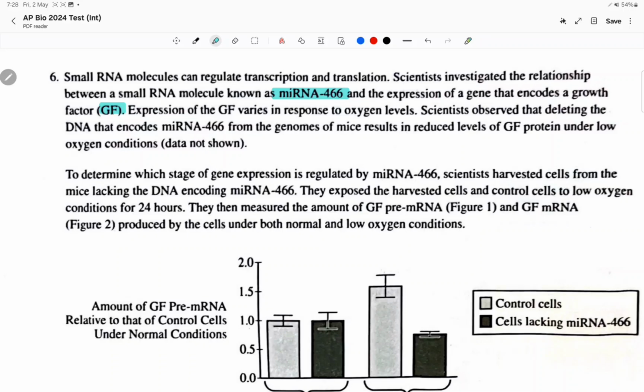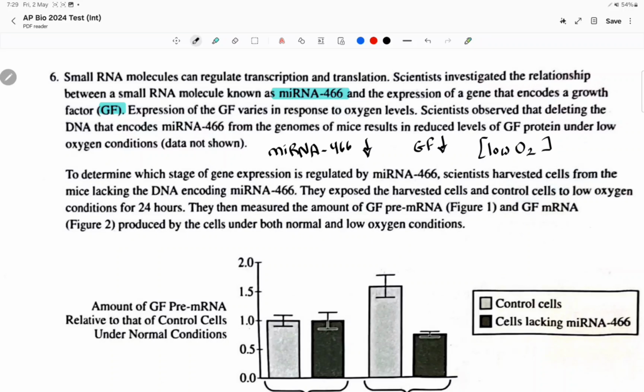Scientists observed that deleting the DNA that encodes miRNA 466 from the genome of the mice results in lower levels of GF protein. So basically, if you delete the DNA that encodes for miRNA 466, that means miRNA 466 will decrease, which means that GF will decrease as well when there are low O2 conditions.